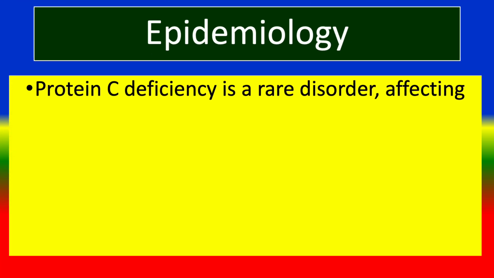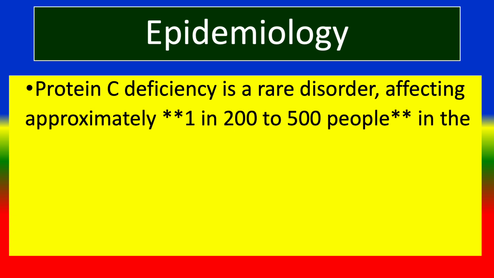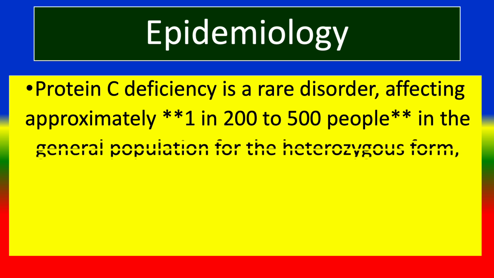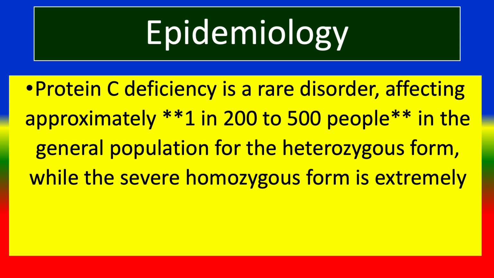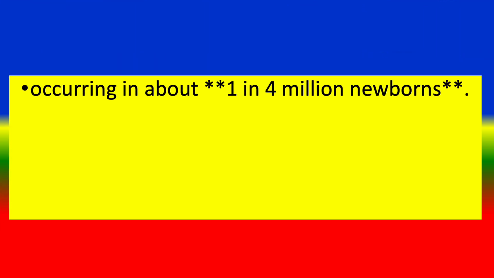Epidemiology. Protein C deficiency is a rare disorder affecting approximately 1 in 200 to 500 people in the general population for the heterozygous form, while the severe homozygous form is extremely rare, occurring in about 1 in 4 million newborns.